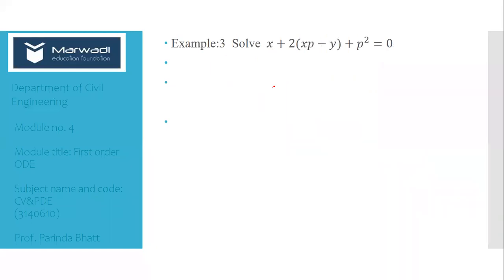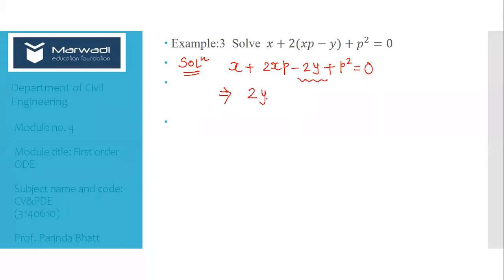Okay, now this is the third question. First, we open this bracket for x plus 2xp minus 2y plus p square equal to 0. Now, the term with the y, this is 2y.